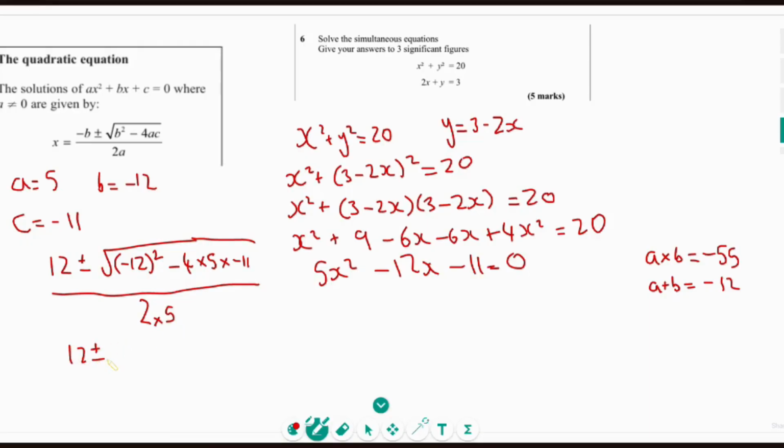Right, I'm just going to work out the bit under the square root first, but not square root it. 364.